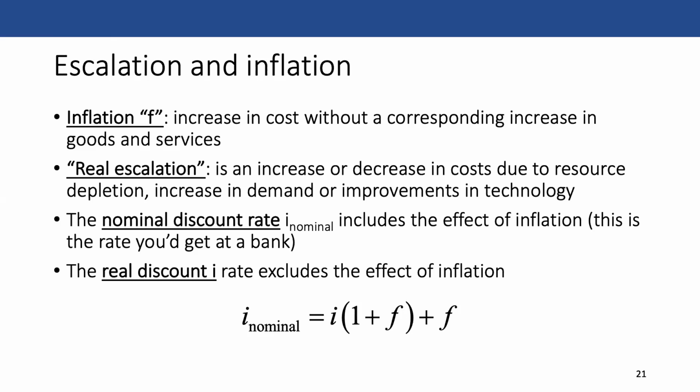Okay. I had really quickly talked about inflation. Again, this is the increase in costs without a corresponding increase in goods and services. In the US, we measure this with what's called CPI, which is a consumer price index.